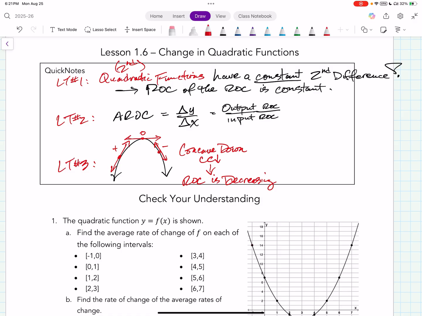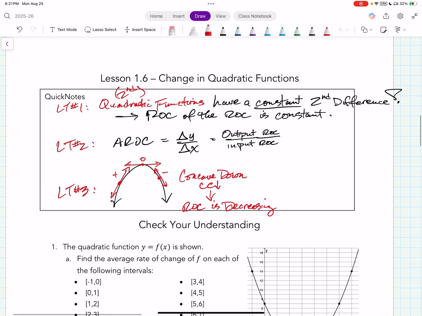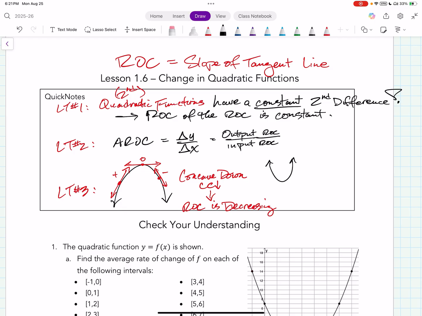And if you look at the rate of change, which is the slope of the tangent line, just going over concepts from the previous lessons here, if you go from positive slope to 0 to negative, it's decreasing. The opposite of that is increasing, obviously, concave up. So let's draw a picture there.